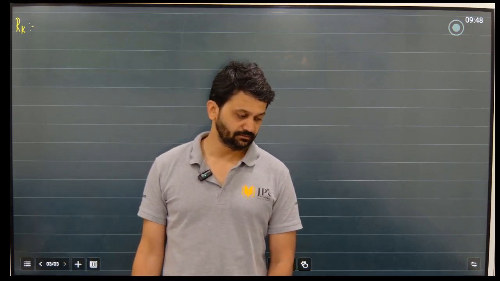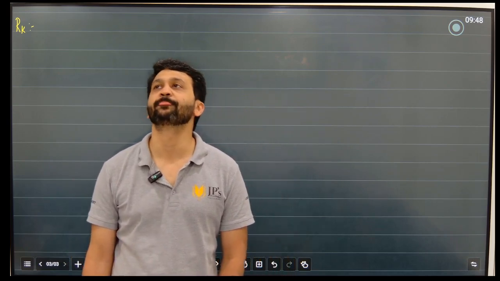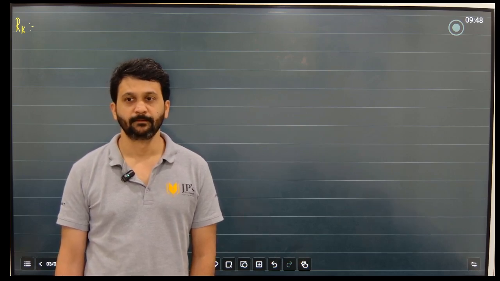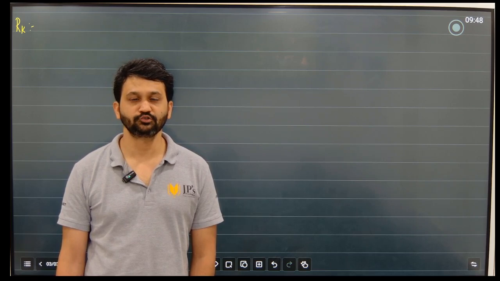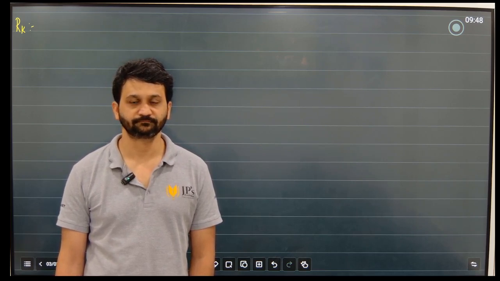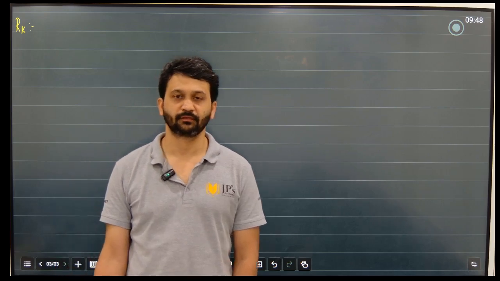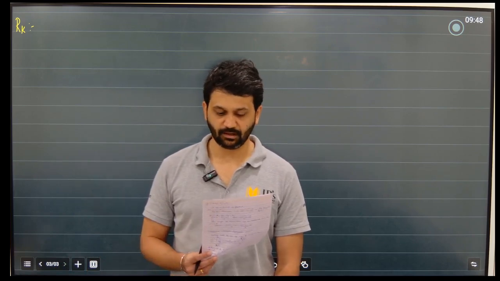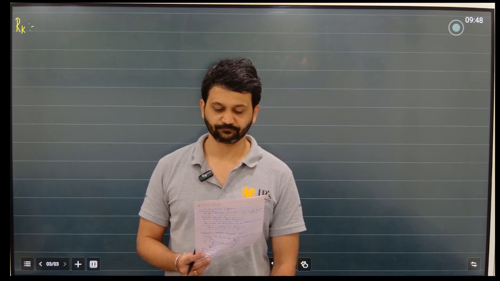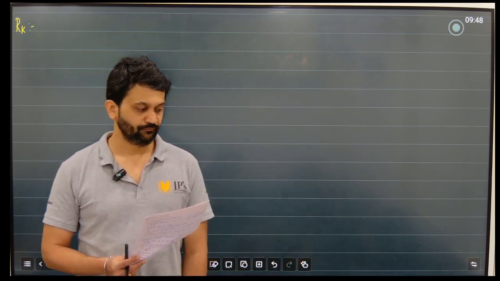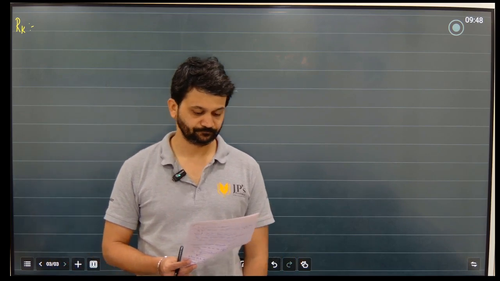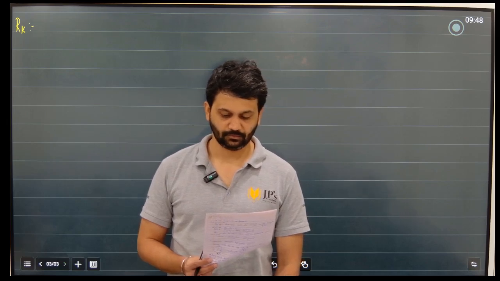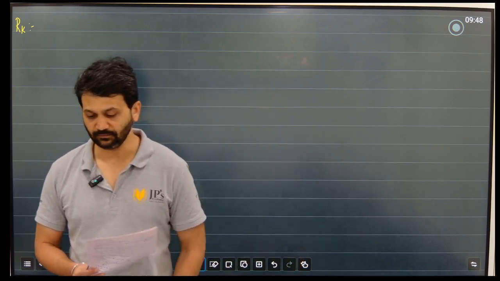Therefore, we can say that P and Q are harmonic conjugates of each other with respect to C1 and C2.